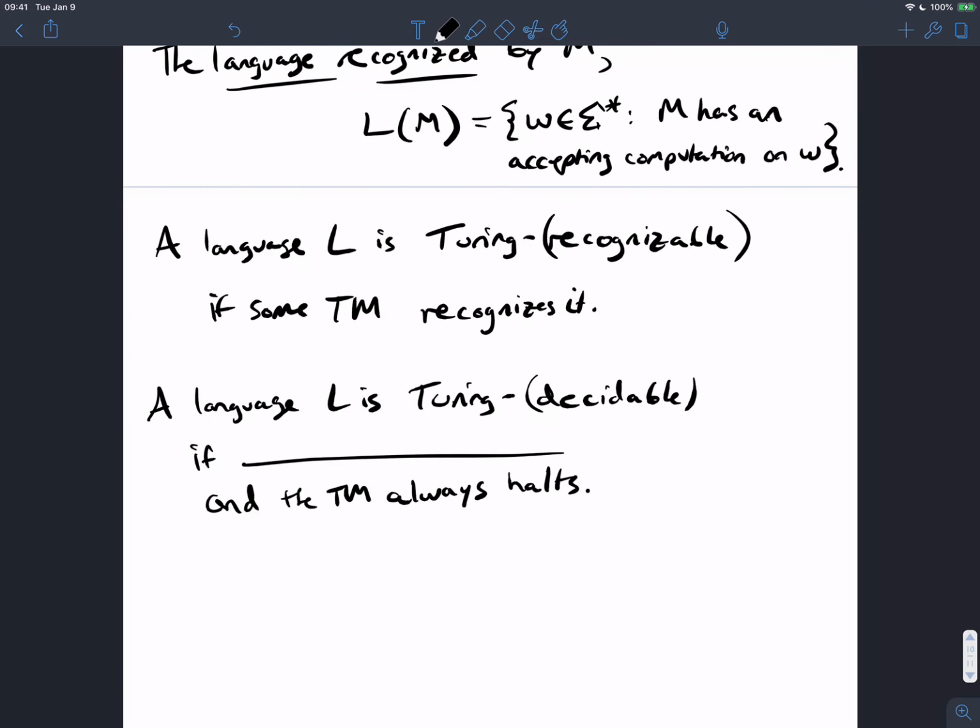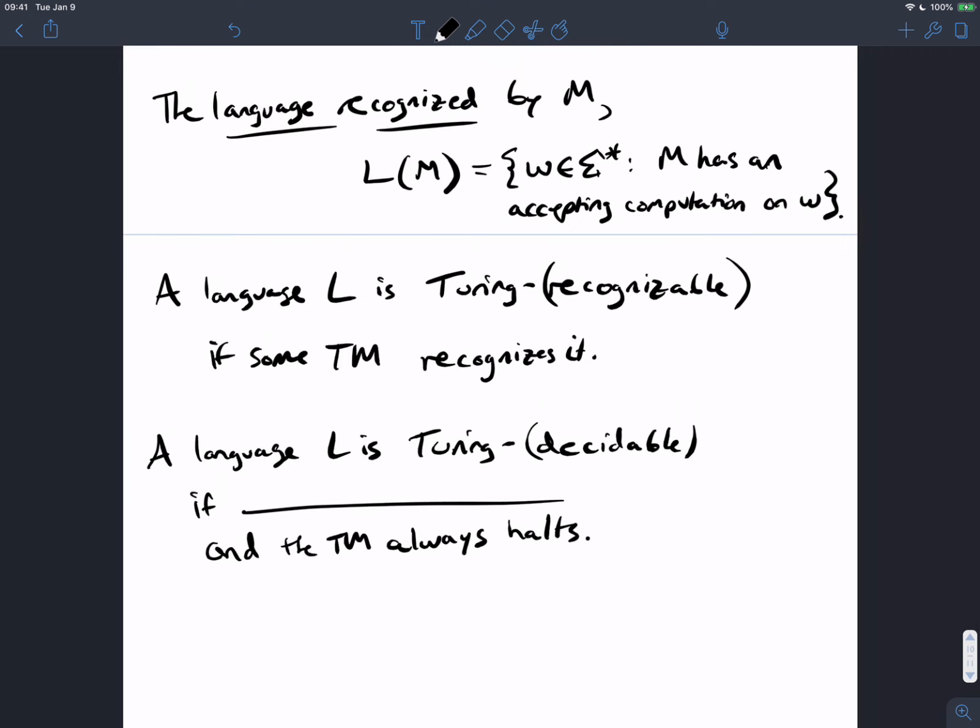So here's another great exam question. Can a recognizer, so a machine that recognizes some language, can that machine, a recognizer, run forever? Not a decider, a recognizer. Yes, it might run forever.